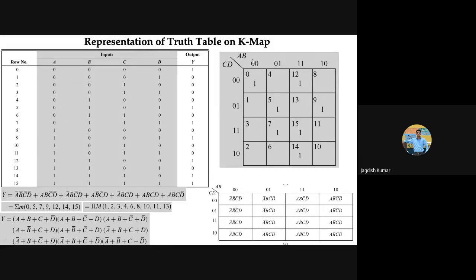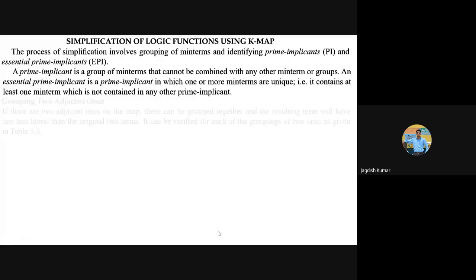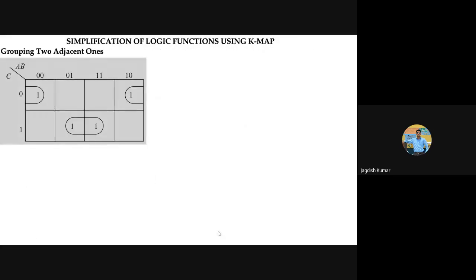Similarly, you can say this is A complement, B complement, CD. That's how we can recall quickly.